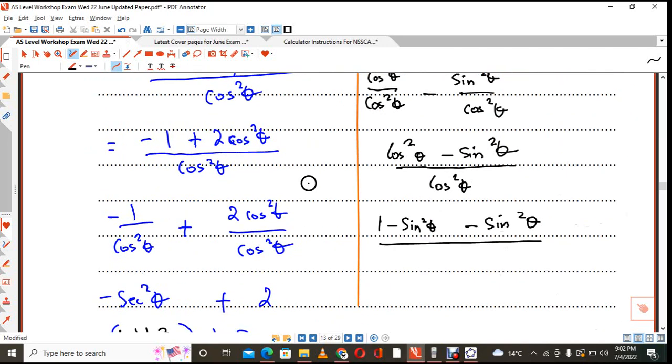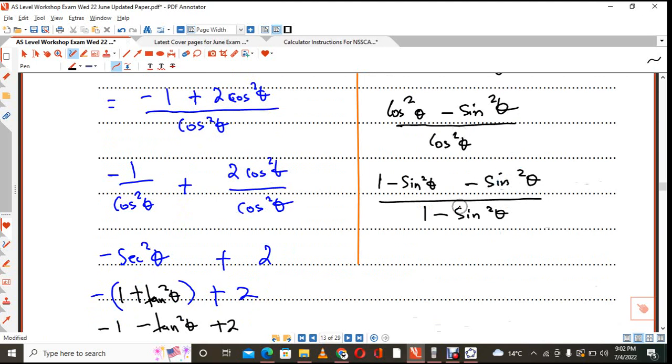That will take care of my denominator. So that's 1 minus sine square theta. So I'm nearly done, but I've got some like terms there on top. I've got 2 sine square thetas there. So the answer will be 1 minus 2 sine square theta over 1 minus sine square theta.